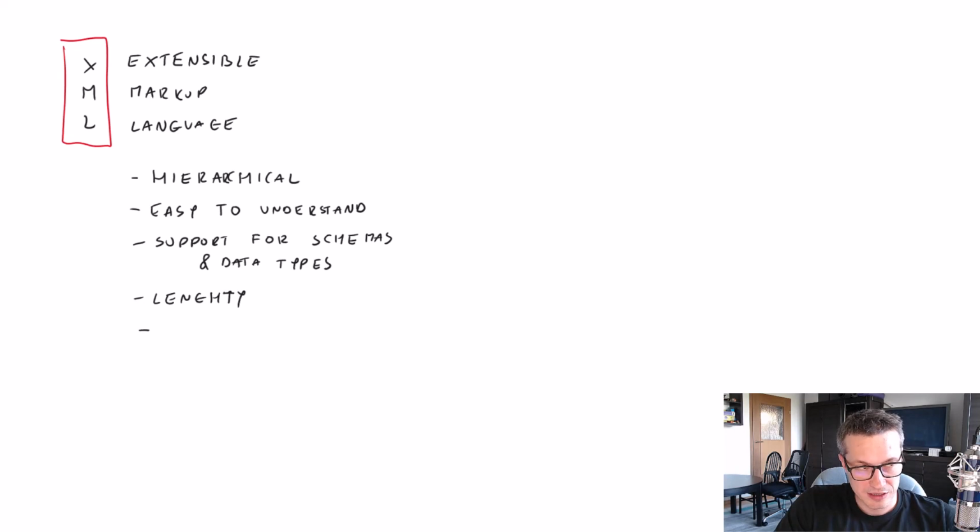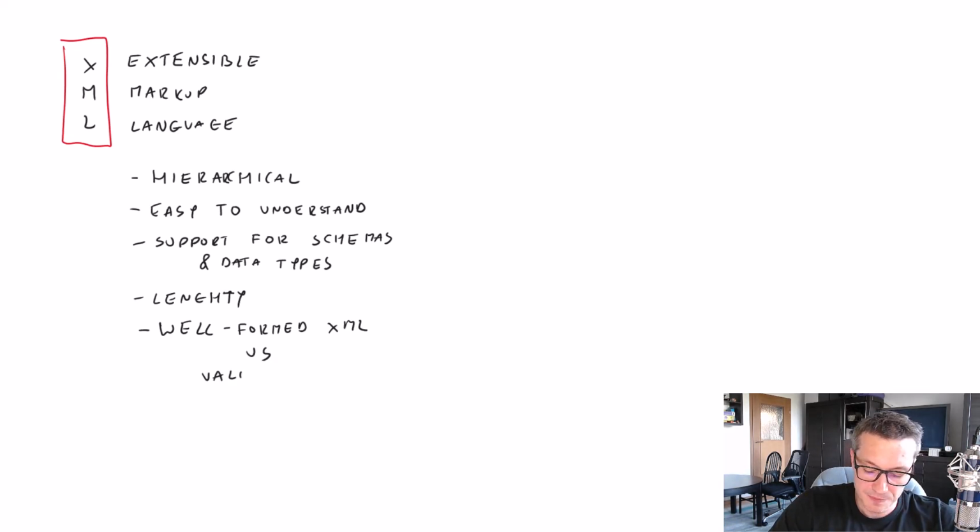And let me just write something that I discussed earlier, this well-formed XML. So the file that has matching start and end tags, single root elements, and so on, versus a valid XML.